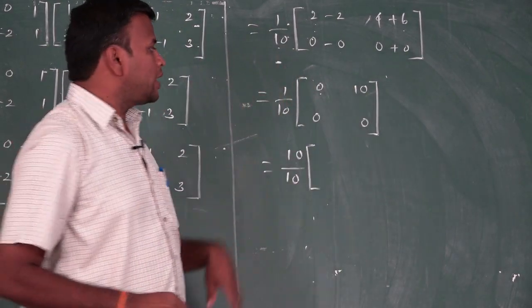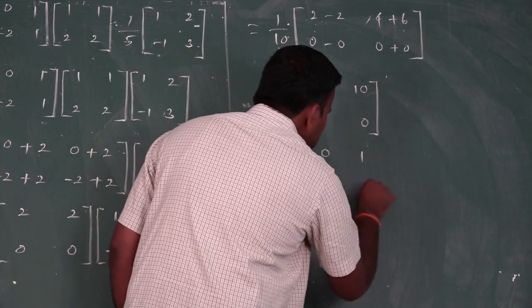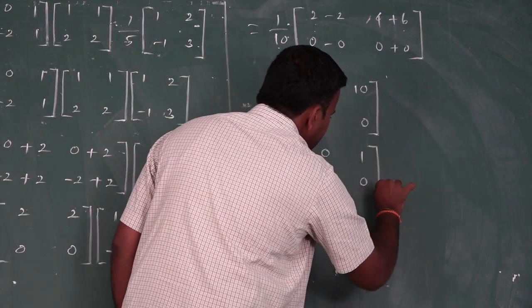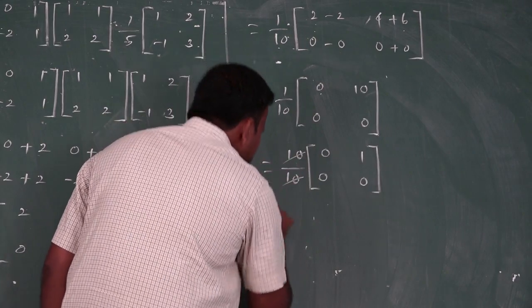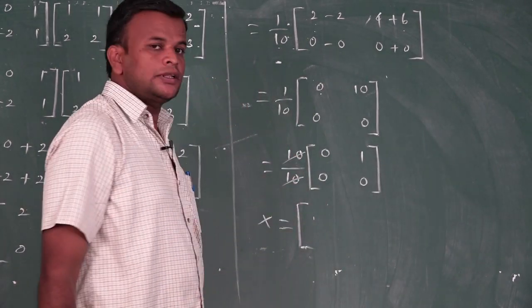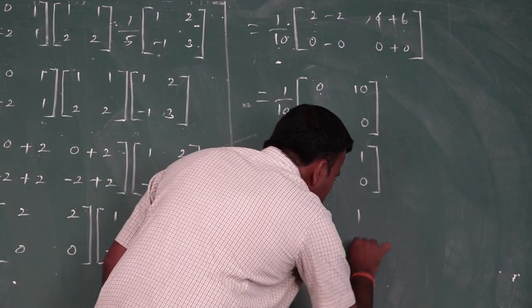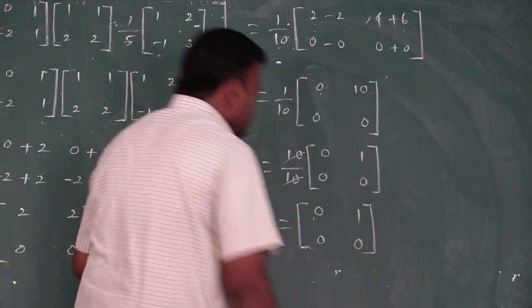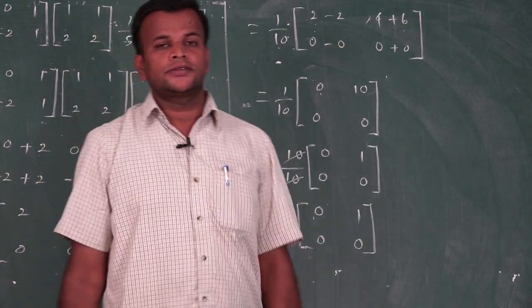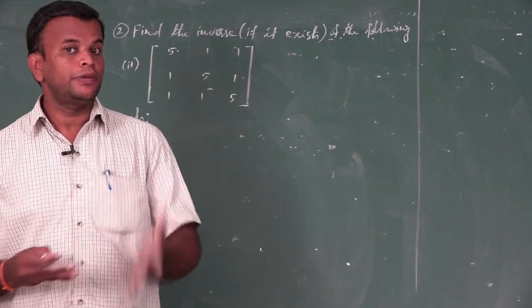Then the matrix values become 0, 1, 0, 0. I cancel. So the value of x is 0, 1, 0, 0. So it is the value of x. 2 by 2 matrices are over. Now we come to 3 by 3.